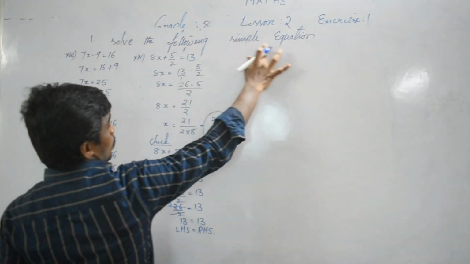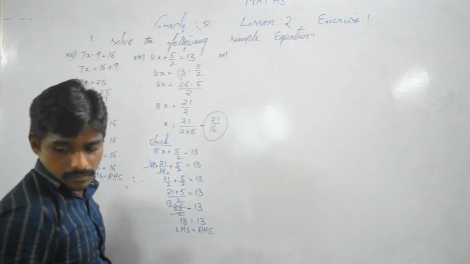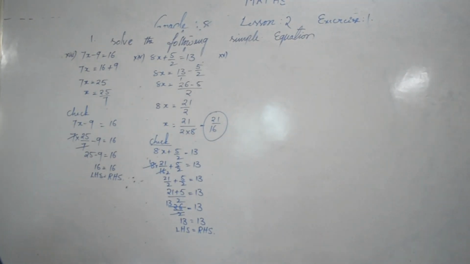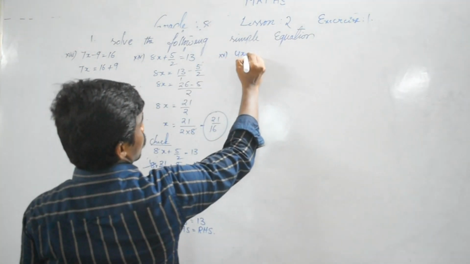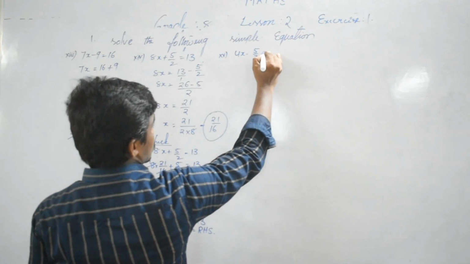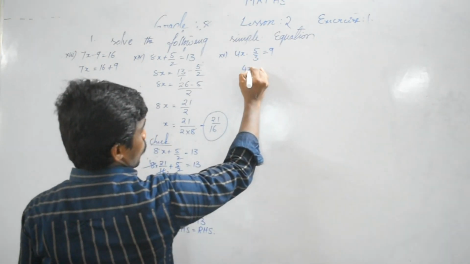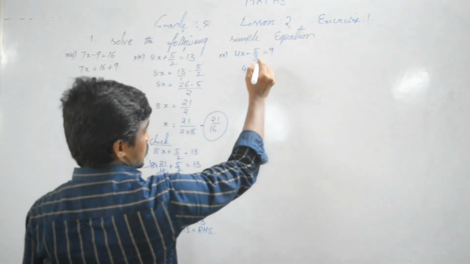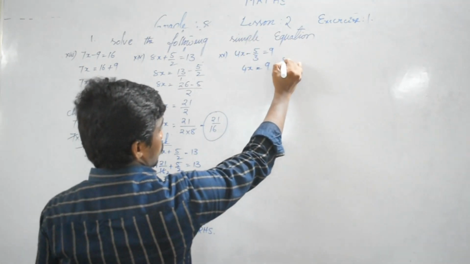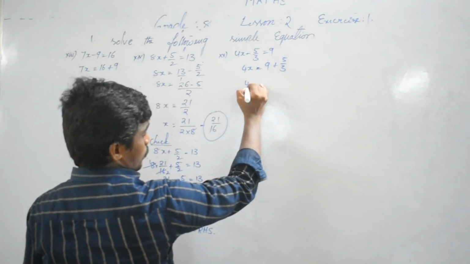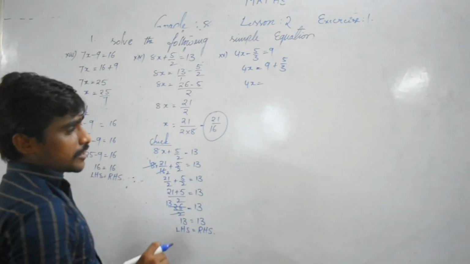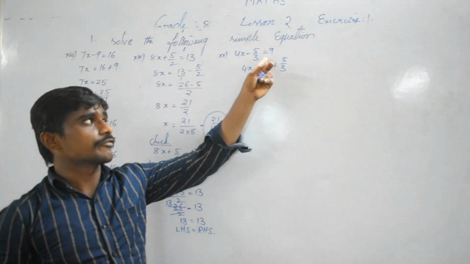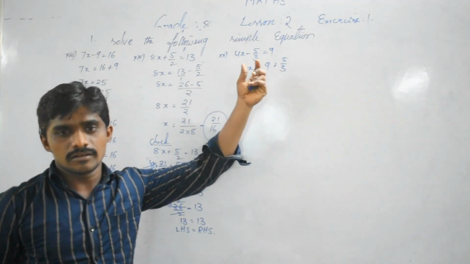Next 15th problem. 4x minus 5 by 3 is equal to 9. So 4x equal to, this minus 5 by 3 moving to RHS, 9 plus 5 by 3. I hope every student dislikes fraction problems, addition, none.